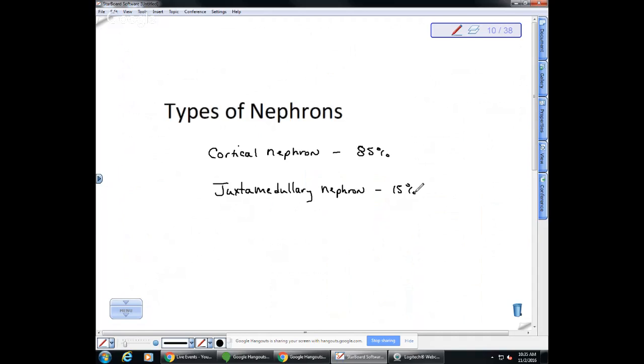So this is a special adaptation for mammals, which means that the juxtamedullary nephron is the type of nephron that allows us to produce very concentrated urine, urine that is more concentrated than our body fluids.